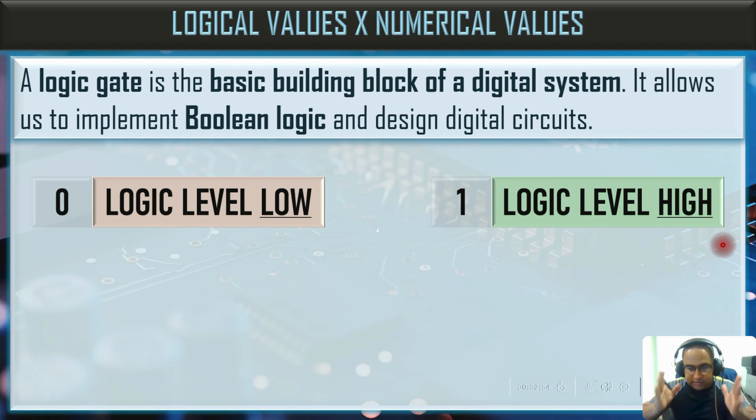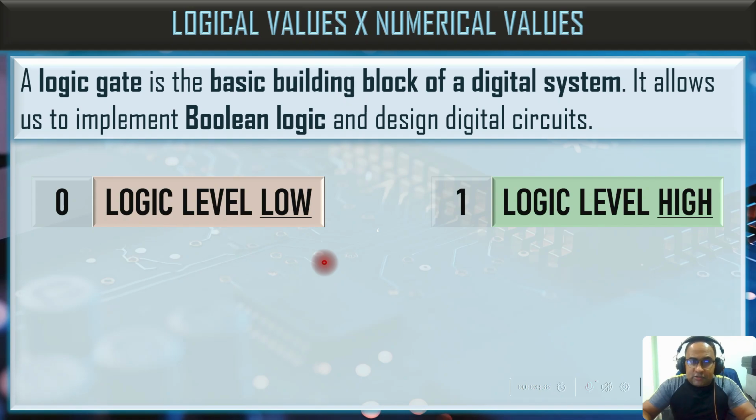All right, guys, here's an important point. Although you use binary numbers to represent bit states, it's essential to understand that 0 and 1 are not numerical values. In this case, I mean in Boolean logic, 0 and 1 represent logical values. So there's a difference between logical values and numerical values.